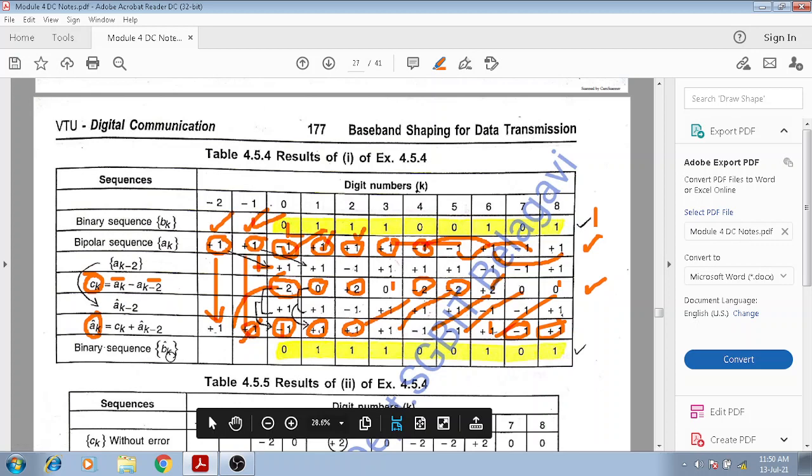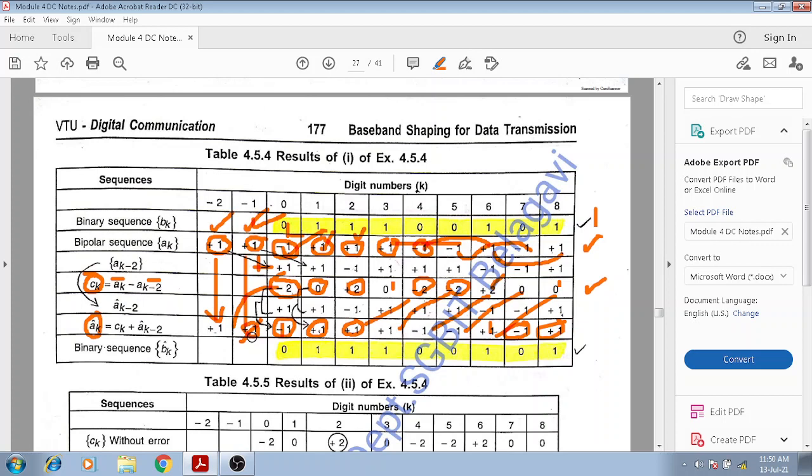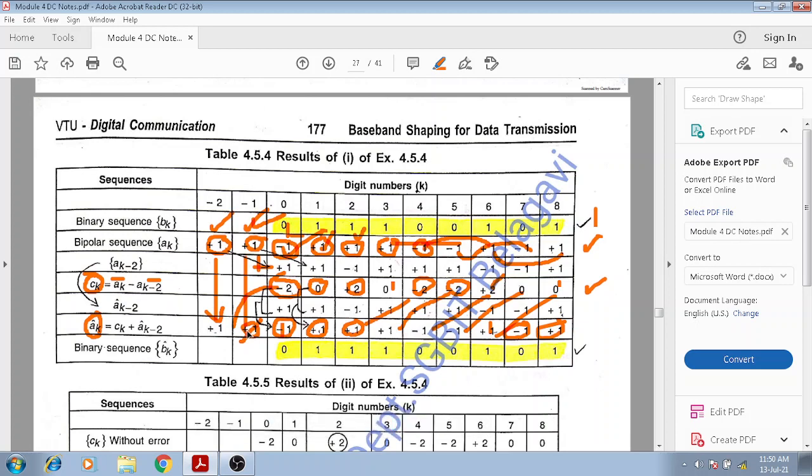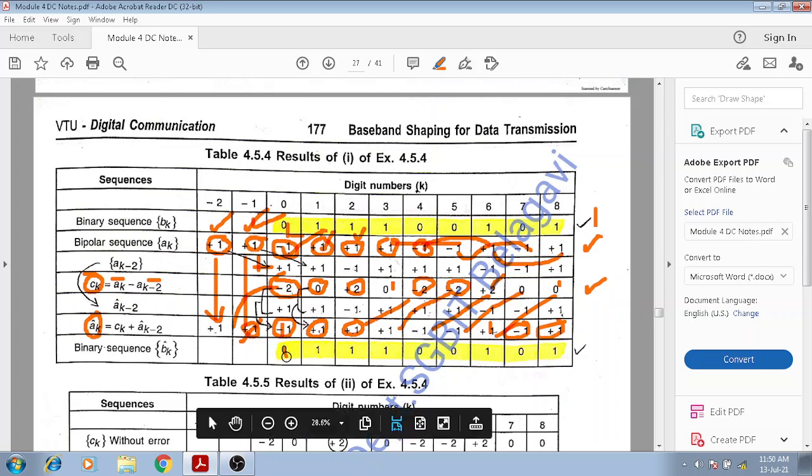So ultimately this BK is the original binary data which is transmitted. So once you have calculated AK cap, give it to the decision device. If AK cap is less than 0, then the output is 0.